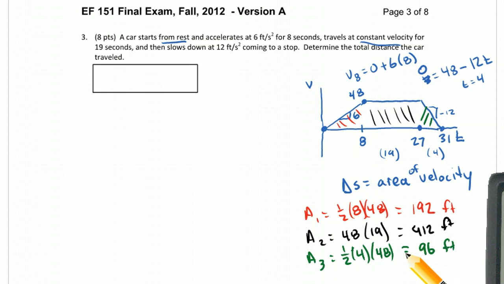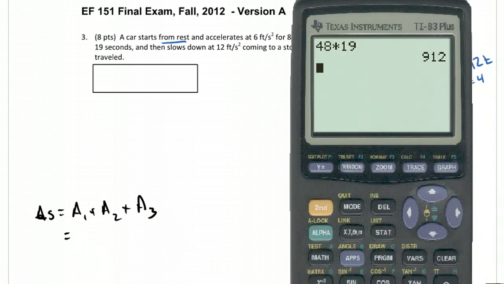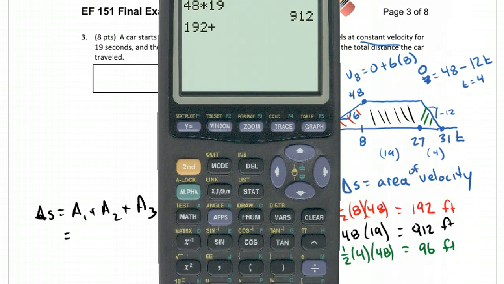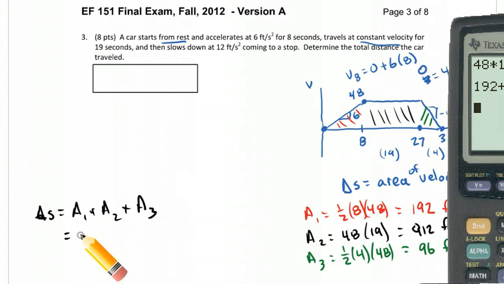Okay, so then our total distance is 192 plus 912 plus 96, about 1200. Again, units of feet.